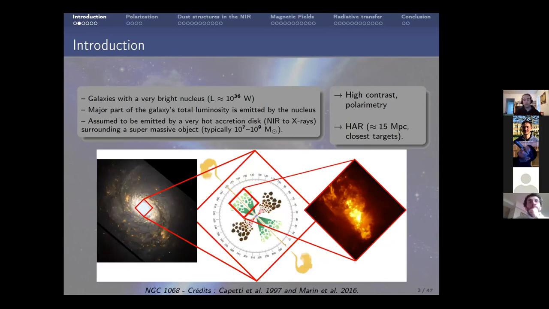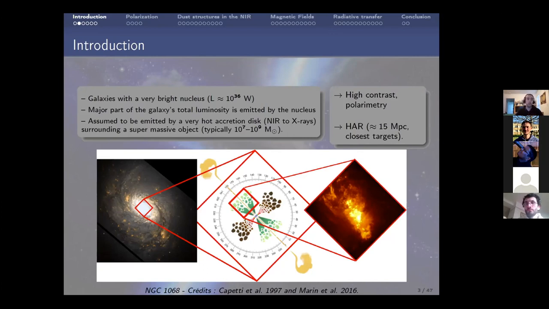There's been a lot of evolution on the modeling, but I'm going to discuss that further. What I want to focus on here is that we are looking at rather small regions, typically between a few parsecs and a maximum of 100 parsecs, at distances which are pretty large; the typical close AGN are between 10 and 20 megaparsecs.